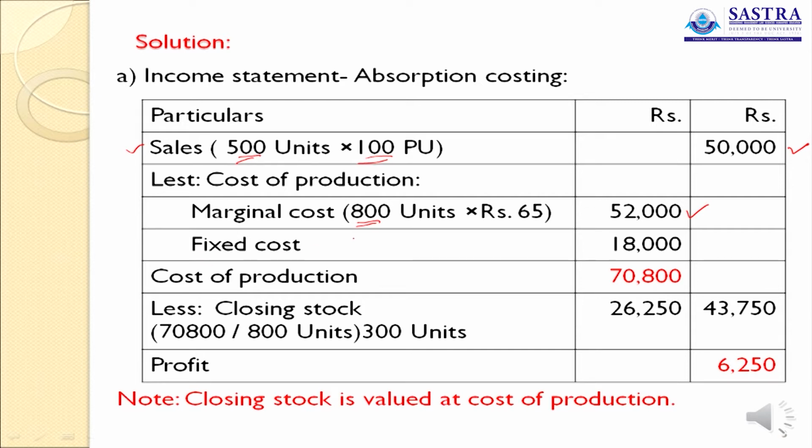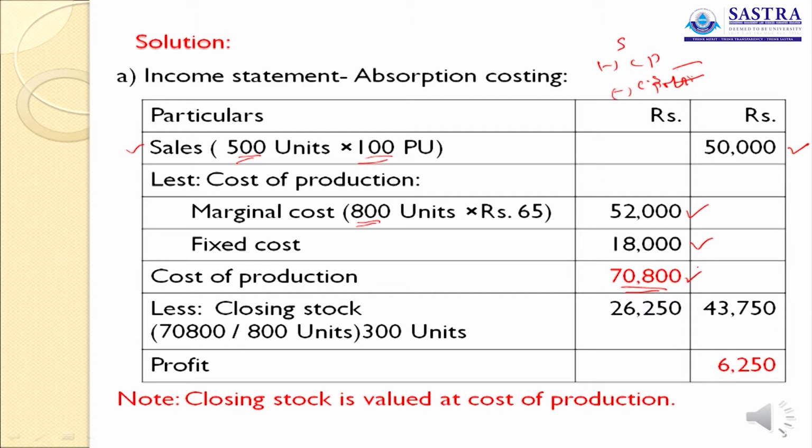The fixed cost is 18,000. So the total of these two figures is 70,800. This is the cost of production. So sales minus cost of production is profit. Suppose closing stock is available, you have to deduct closing stock, and the final figure will be profit.